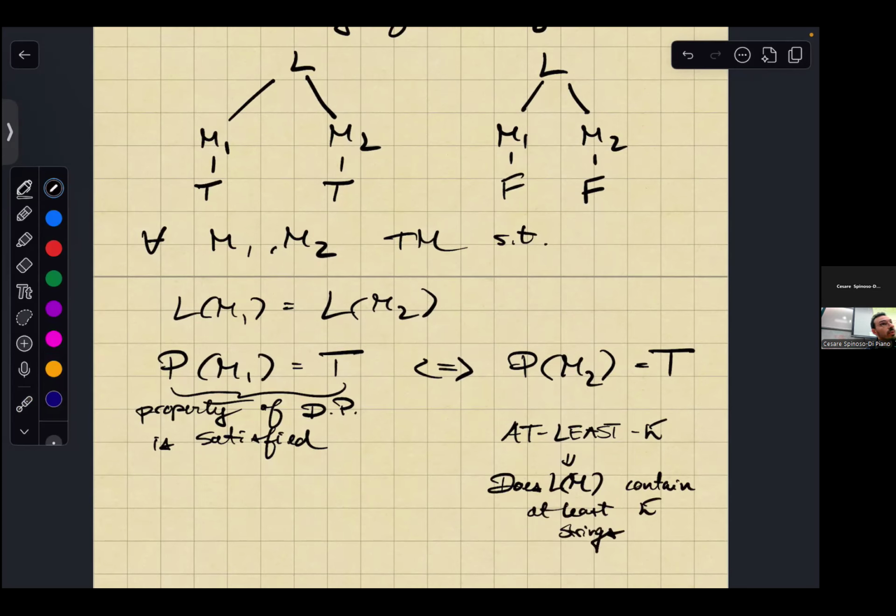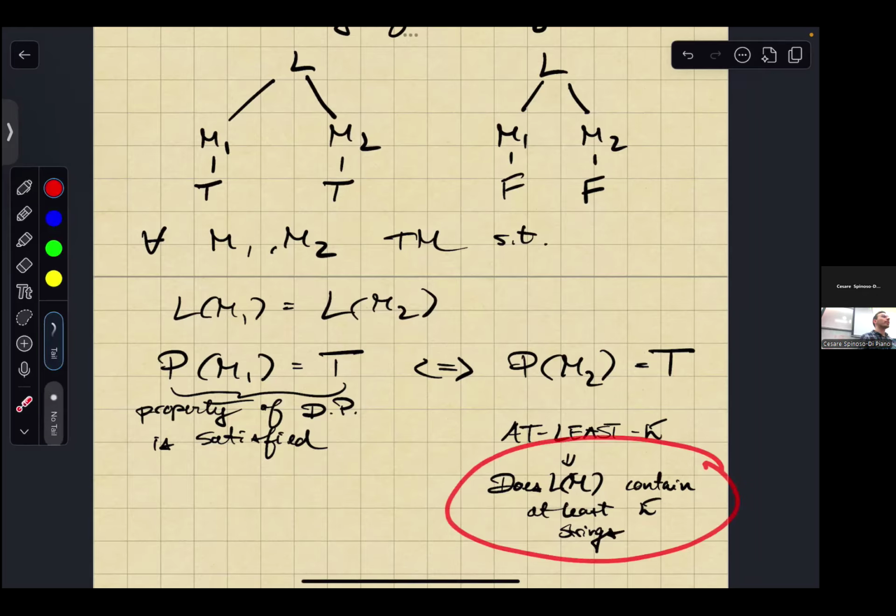It's the set of strings accepted by M. And what is at least K? It's: does M accept at least K strings? So it's literally the same thing, I'm just representing it formally. Now you'll notice that I've asked this question in terms of L of M. And when you do that, that's nice. That kind of tells you that it probably is a property of a language.